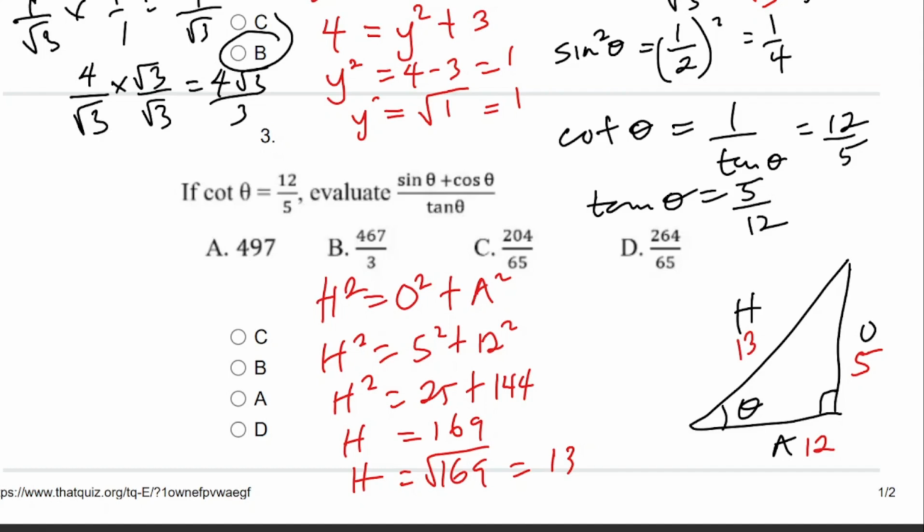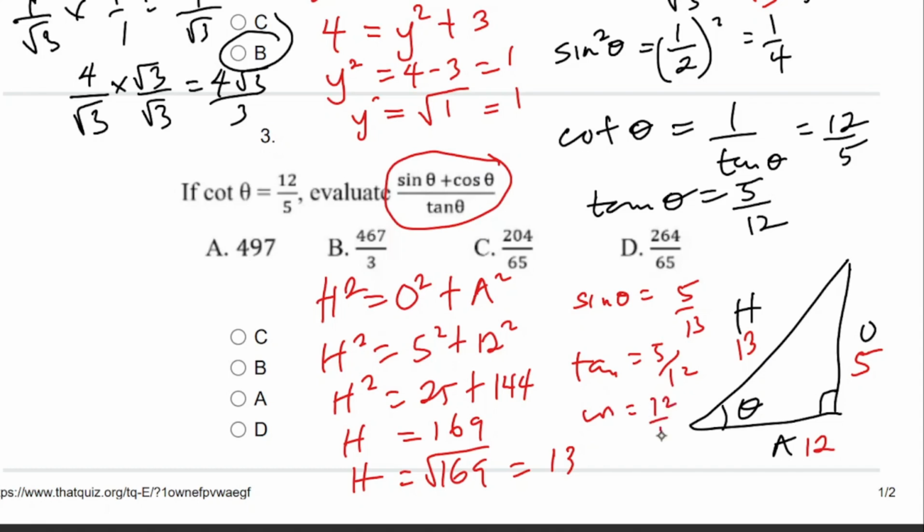What is left is to put in the values. Sine theta is opposite over hypotenuse, which is 5 over 13. Tan theta is 5 over 12, and cos theta is adjacent over hypotenuse, 12 over 13.